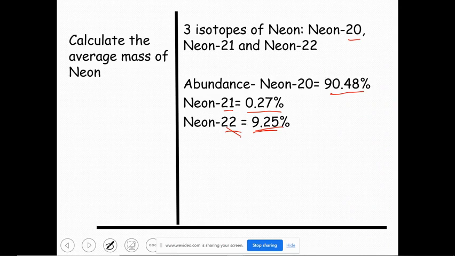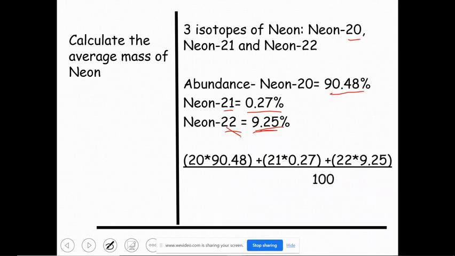So doing the same thing, taking our mass of 20, multiplying it by 90.48% for the first one, our mass of 21, multiplying it by 0.27 for the second one, and then the third one, this is 1, that's 2, and this is 3, is our mass of 22, multiplying it by the 9.25%.